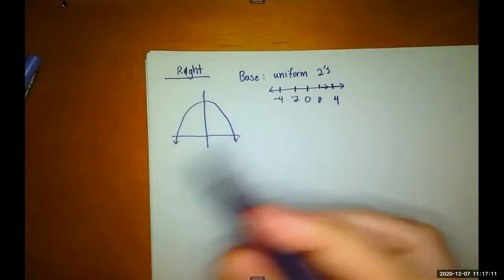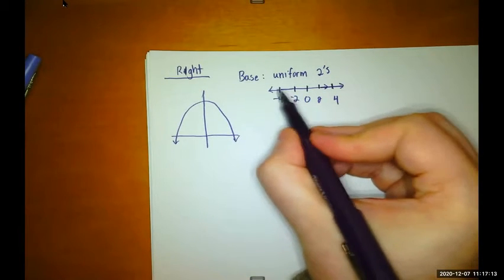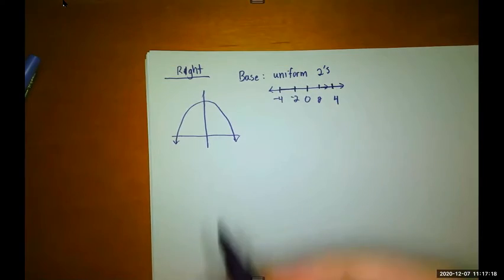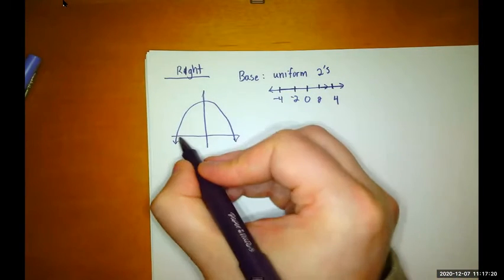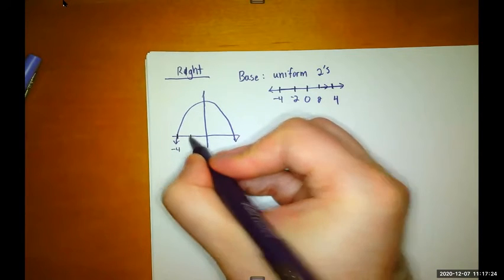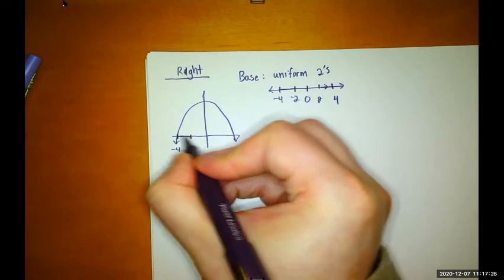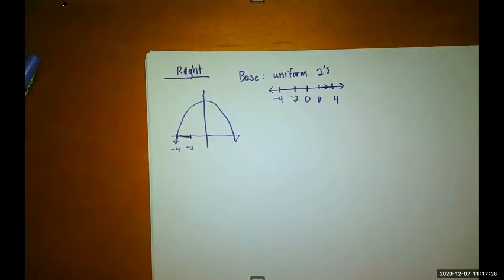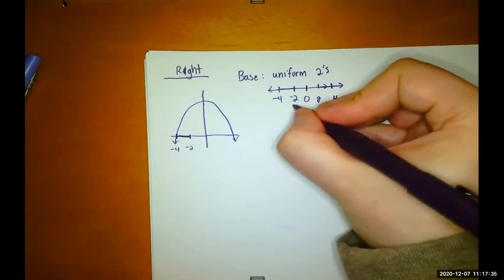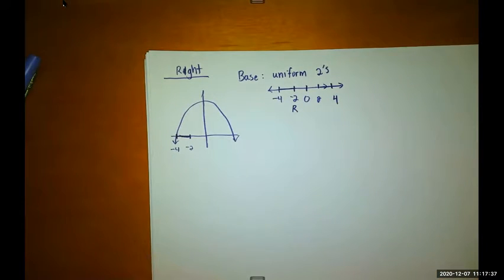All of our rectangles are here on the x-axis. So what I've done is I've broken out the x-axis. So that first rectangle has a base that goes from -4 to -2. So that's the base right there. So where is the height of the rectangle going to be? The height of the rectangle, because we're doing right, is going to be at -2.